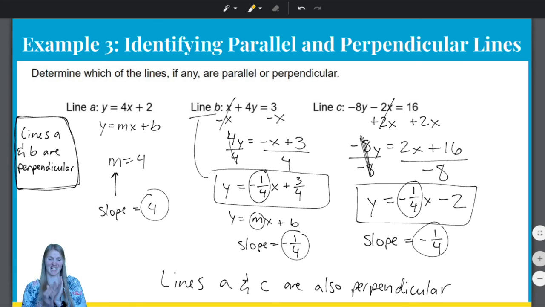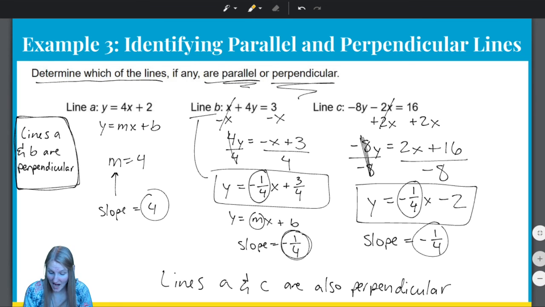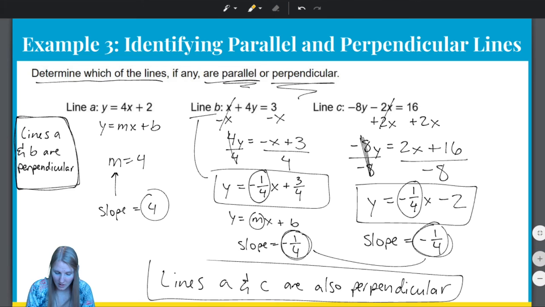And we can say even more because it says determine which of the lines are parallel or perpendicular. Well, hey, lines B and C have the same slope. So we also know lines B and C are parallel.